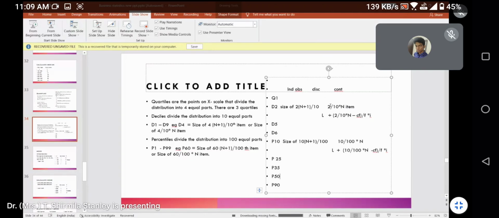For continuous, it will turn out to be P into n by 100. Then the formula will differ accordingly. Suppose it's percentile 10, then it will be n plus 1 by 100 into 10, or n by 100 into 10. The formula will accordingly be that.